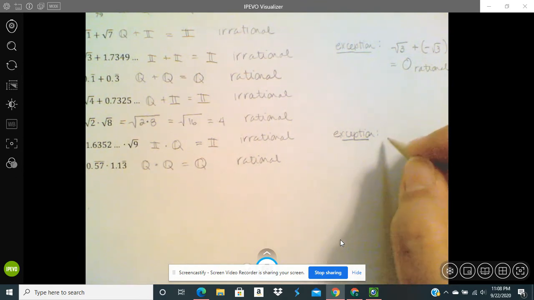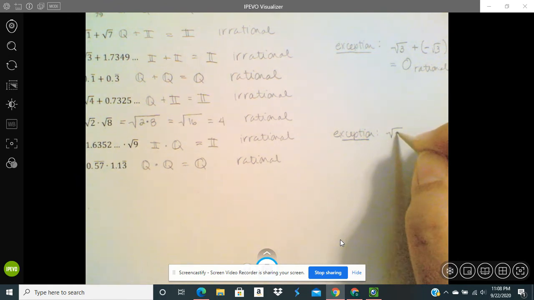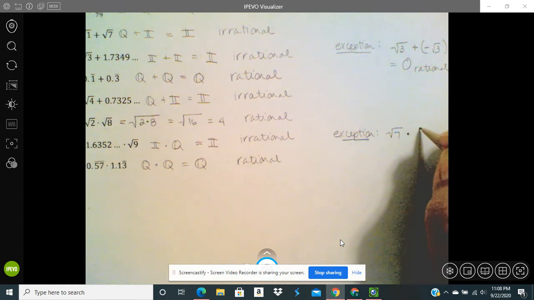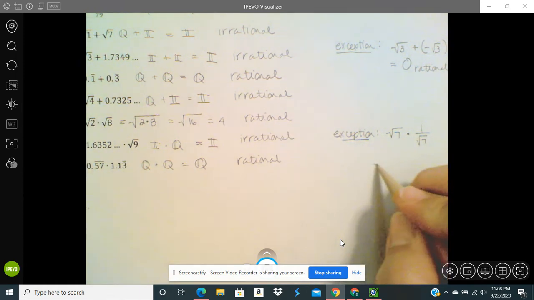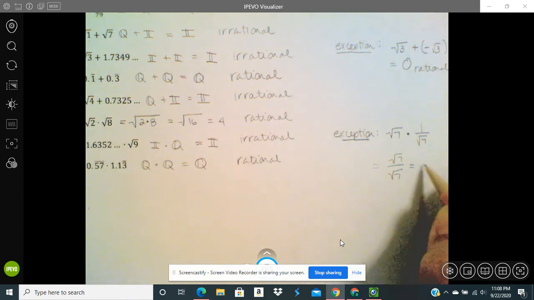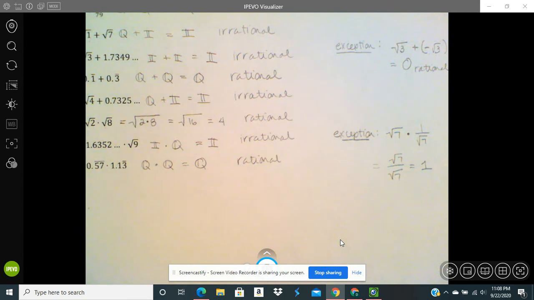Let's take the square root of 7 times 1 divided by the square root of 7. What happens here? Well, you would get the square root of 7 divided by the square root of 7, and that equals 1. So those are your two main exceptions.